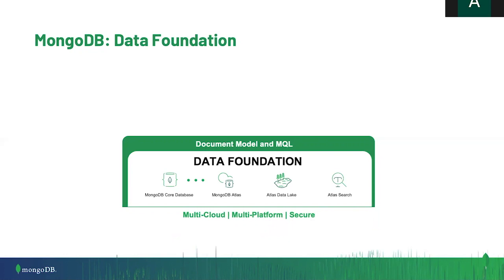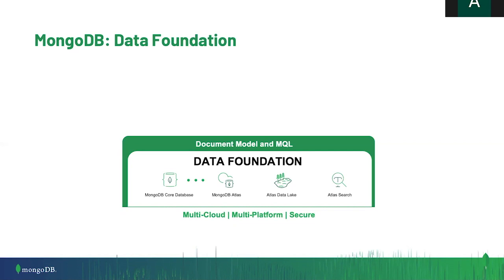It's all built in. Last year, we also released a beta of Atlas Data Lake, and this year it's going generally available this week. It allows users to easily query their cloud object stores, S3, for historical data, or use external data sources in a very natural way. All of those services are represented by a single document model and a single MongoDB query language.